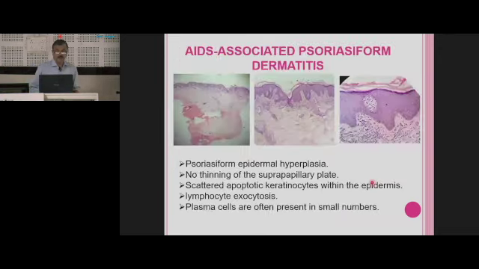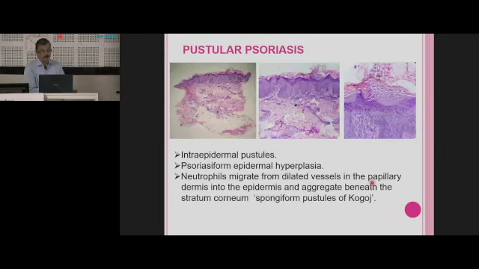The AIDS-associated psoriasiform dermatitis, the features of the immunodeficiency, and here in this particular psoriasis we must look for the fungus and the parasitic infestations. Then the pustular psoriasis. The acute form of psoriasiform dermatosis.